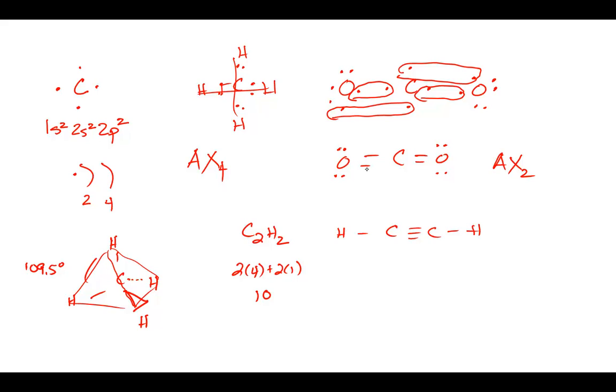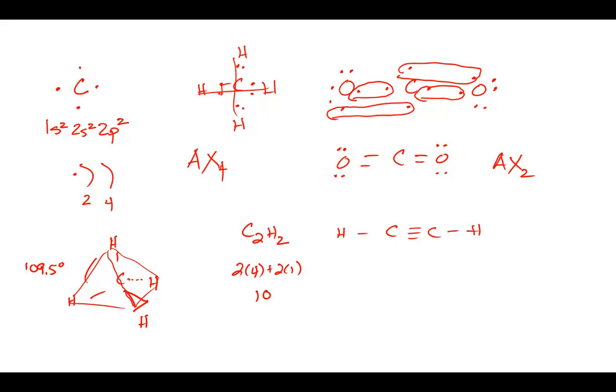So even though there's actually 4 pairs of bonding electrons coming off carbon, the central atom of carbon dioxide, we treat each one of those double bonds as 1 X. So that's why it's AX2.